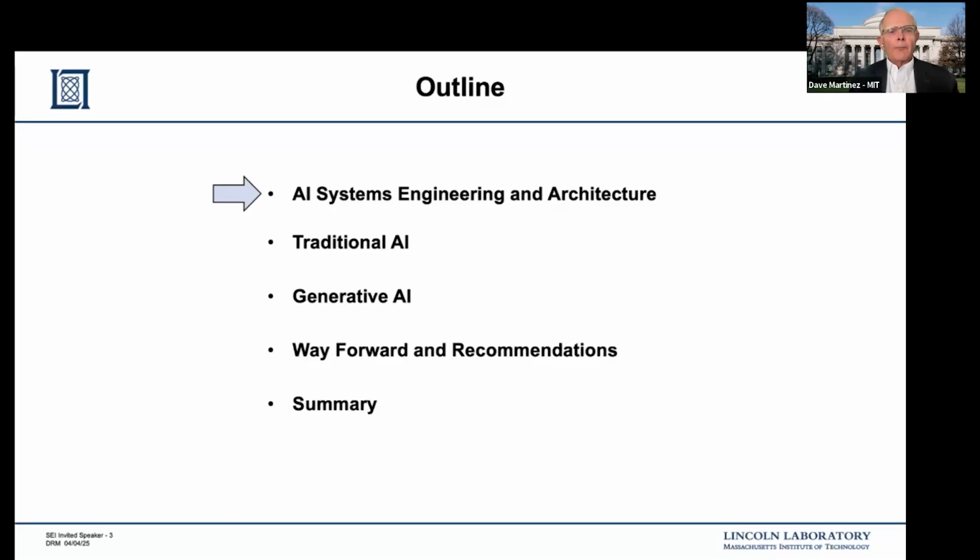I'll start with a definition that I use for AI systems engineering, and then focus on architecture. Because of the great interest in generative AI, I will address traditional AI, and then follow that with generative AI, and explain why I want to distinctively highlight those two as key elements of progression in artificial intelligence. Then I'll leave you with some future thoughts and recommendations going forward.